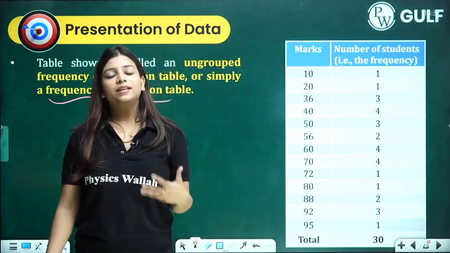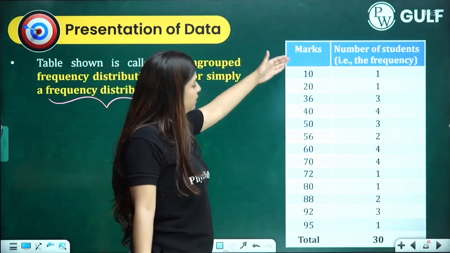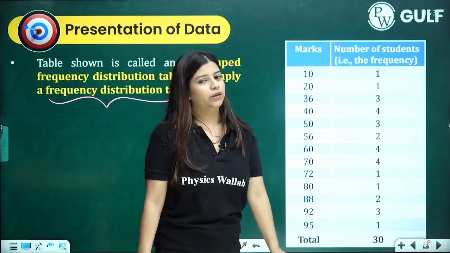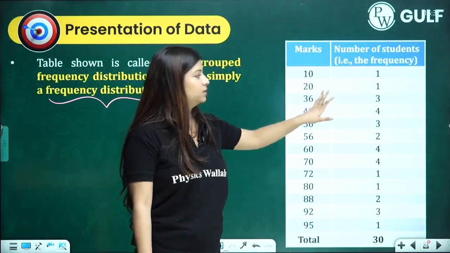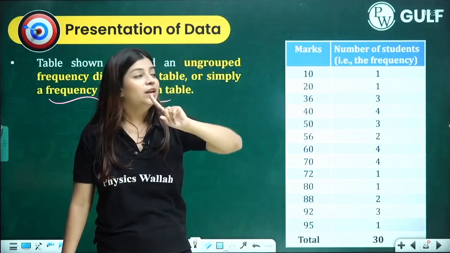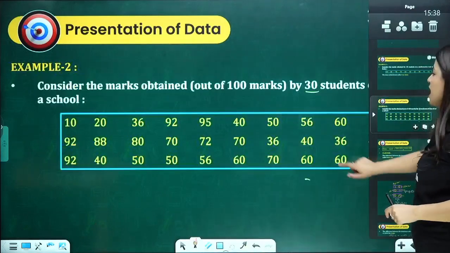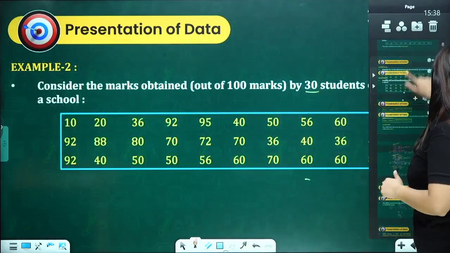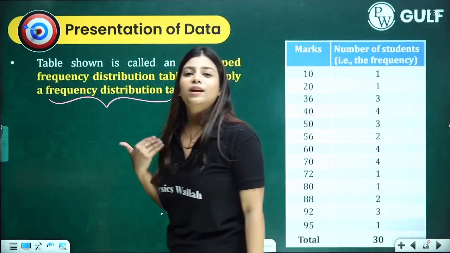Now basically the teacher can also make a table like this. For example, these are the marks which the students got, like 10 marks were got by one student, 20 by one, 36. So from the data that was previously mentioned, and now this data, when you see this data, you can clearly see which one is more informative.